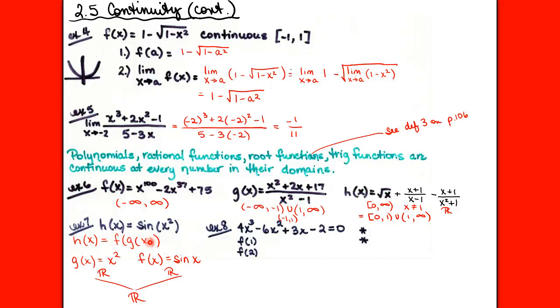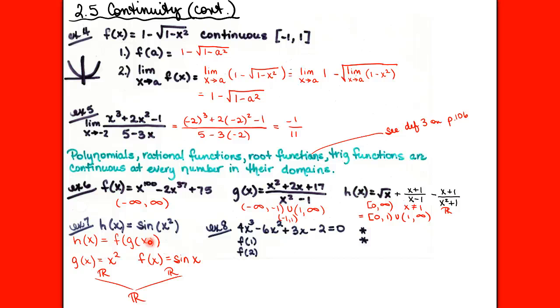Okay, over on page 111, they talked to us about the intermediate value theorem. Now, we learned the intermediate value theorem last year in pre-calc. But it says that suppose f is continuous on the closed interval [a, b], let n be any number between f of a and f of b, then there exists a number c in that interval from a to b such that f of c is equal to n.